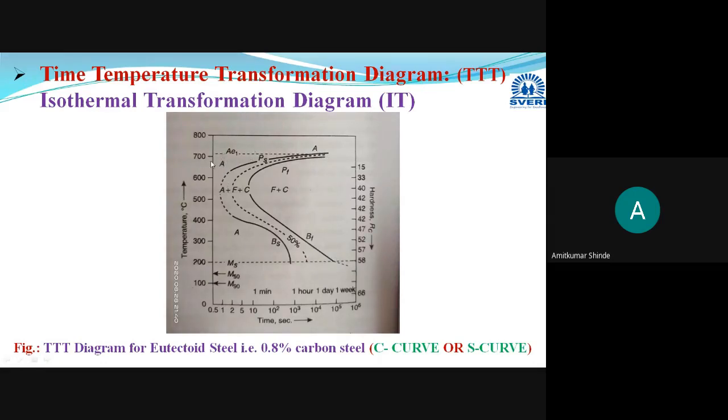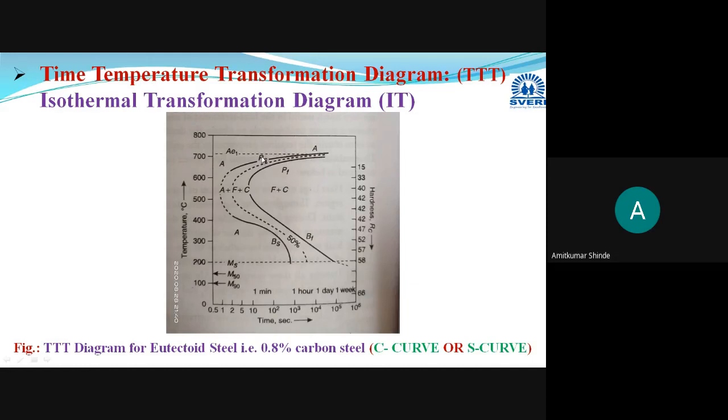Then A is the austenite phase, F is the ferrite, and C is the cementite. Then PS and PF, which I have discussed earlier.